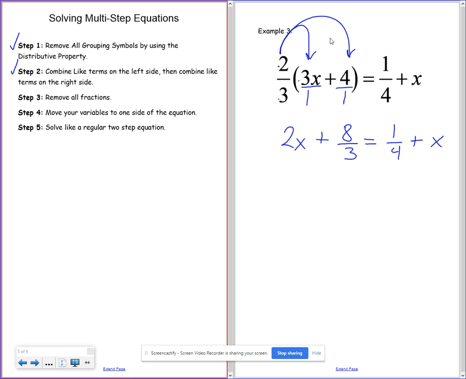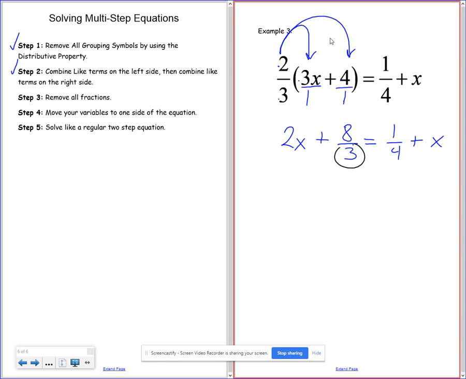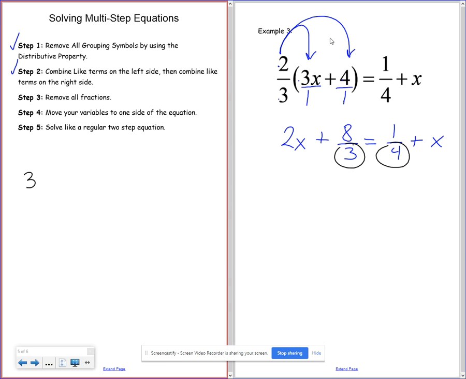Step 3, remove all fractions. Well, we want to get rid of the fractions. So look at the denominators. We got 3 and 4. So if you count by 3s, 3, 6, 9, 12, 15, and so forth. Count by 4, 4, 8, 12.